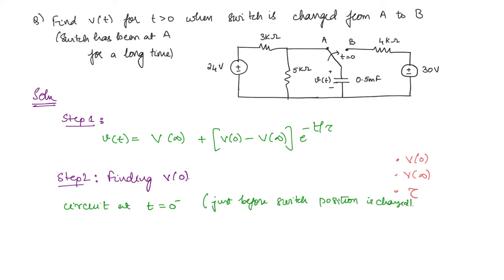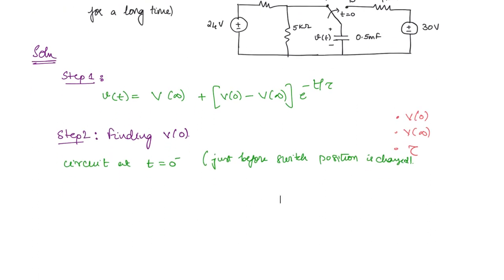Initially it was at position A, so this capacitor was connected with this circuit. So what will be the circuit here? This is going to be 24 volt, and here you have 3 kilo ohm, 5 kilo ohm, and here you have the capacitor.